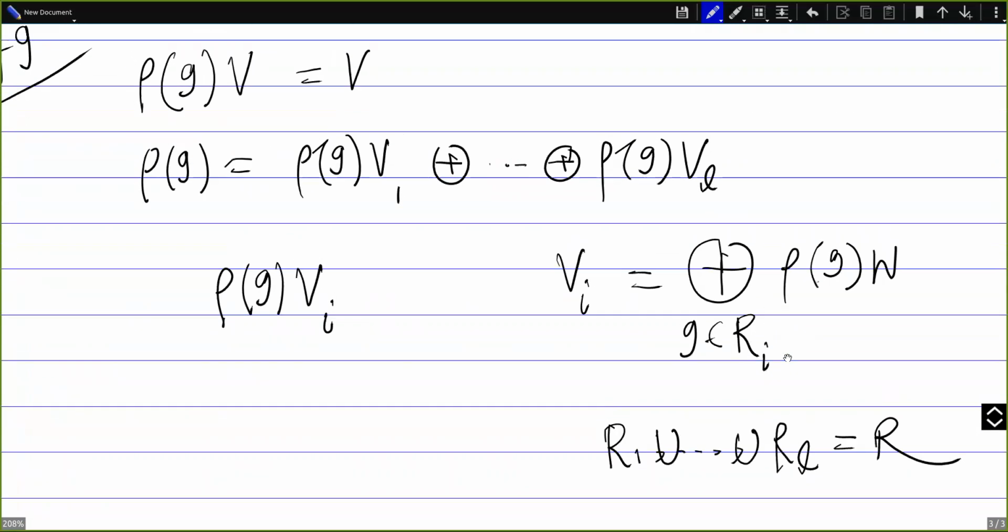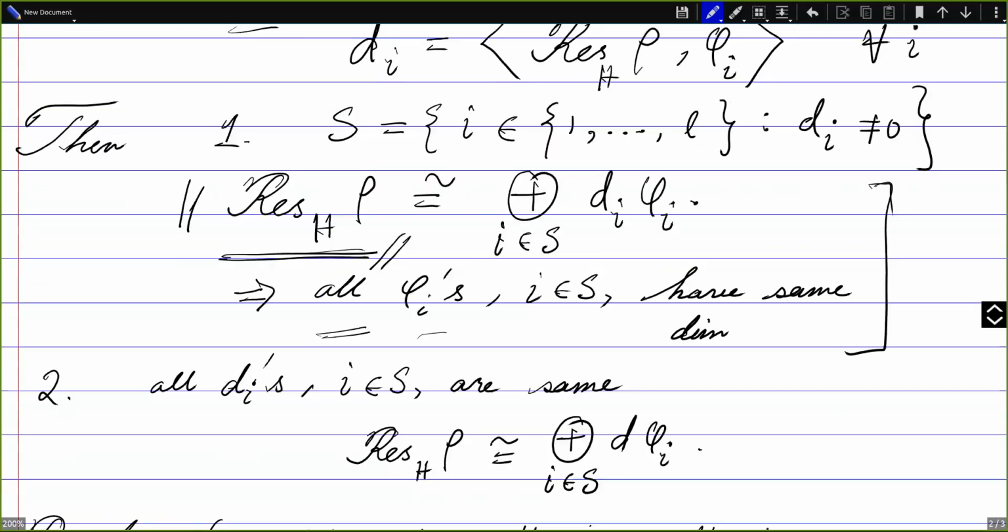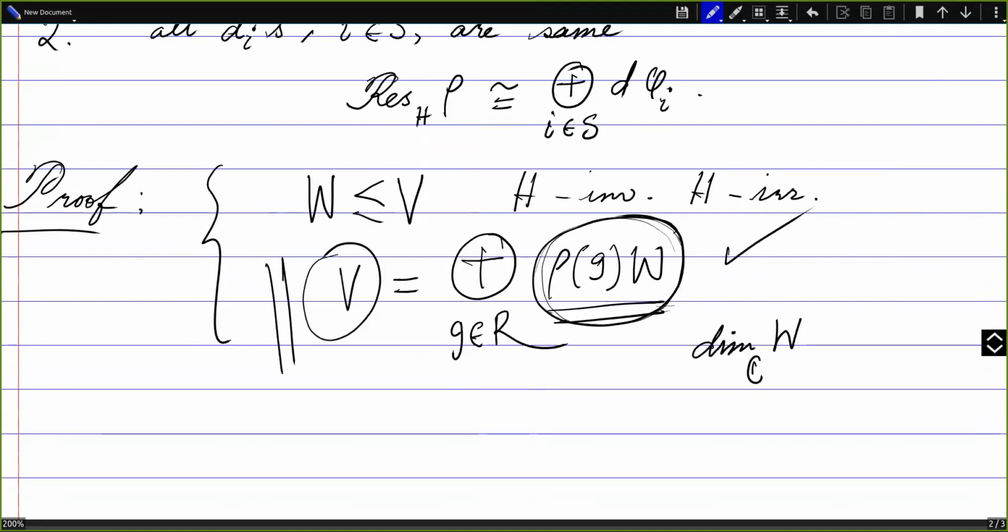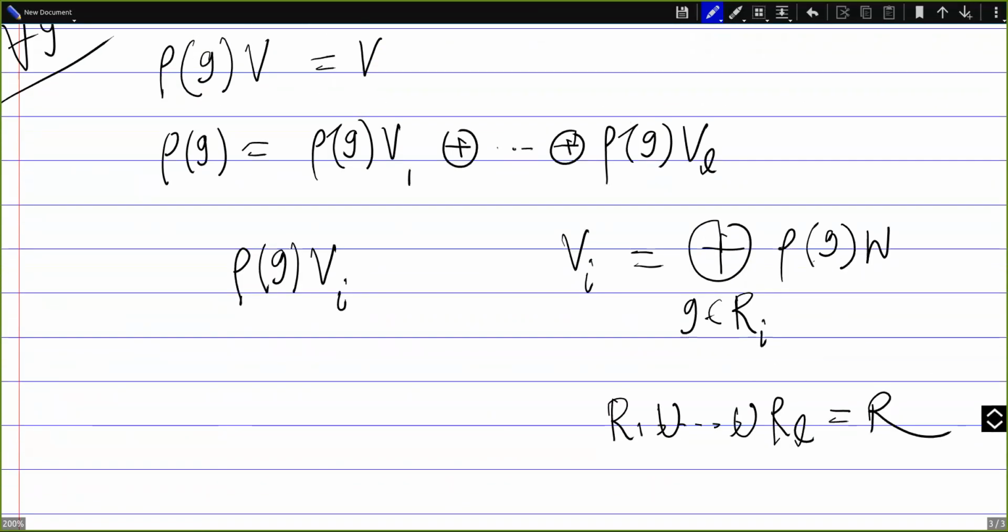Because once we have this, the way to get the Vi's is that we put the isomorphic summands or subrepresentations together, and when we put them together, we get the components of the canonical decomposition, that is the Vi's. So each Vi is of this form.